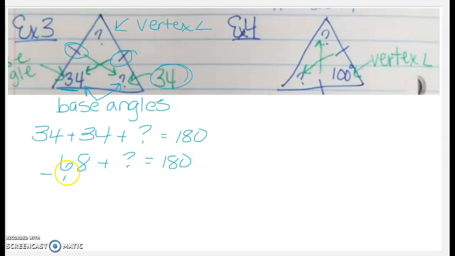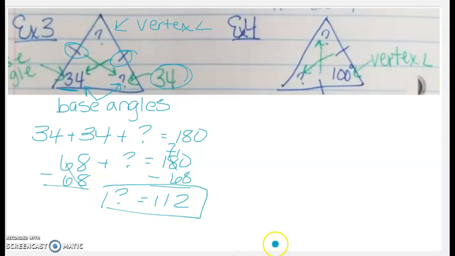So I can find the vertex angle by subtracting 68. And my question mark, gotta borrow, becomes 112. So my vertex angle is 112 degrees.